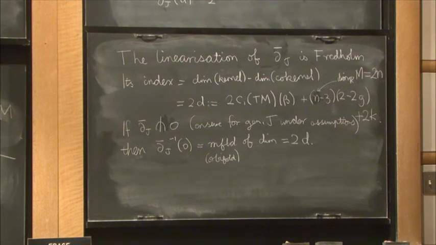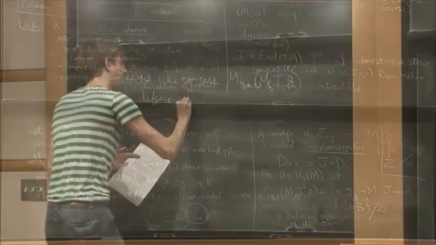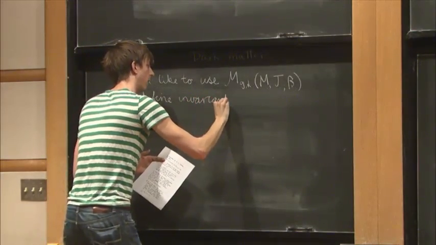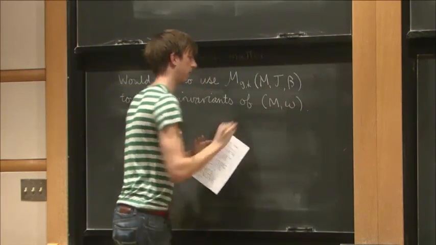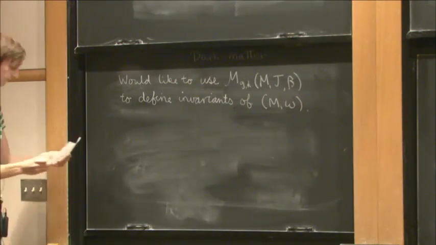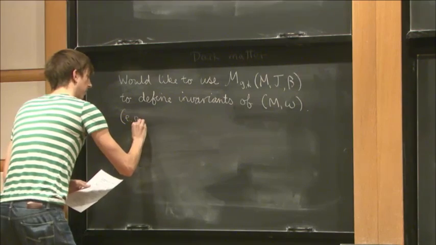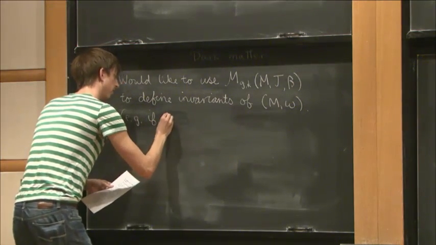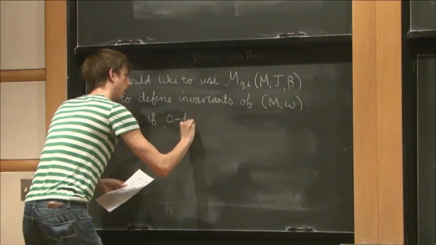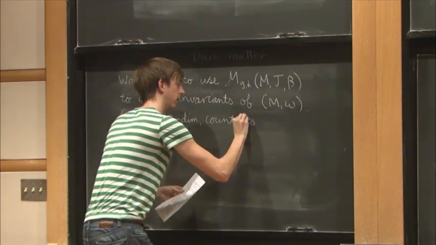We would like to use these manifolds, orbifolds, to define invariants of our symplectic manifold. So for example, if it's finite dimensional, if it's 0 dimensional, we can count the number of points it has, assuming it's compact.